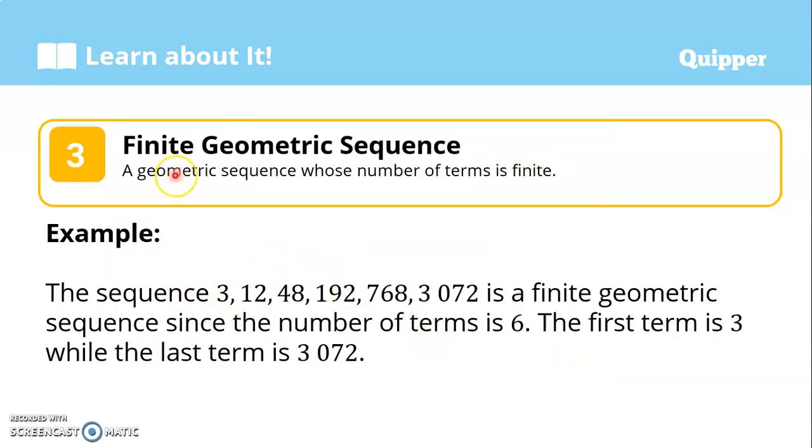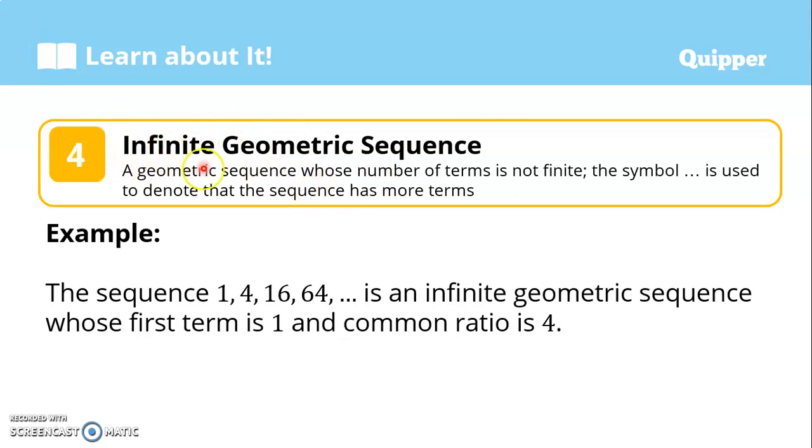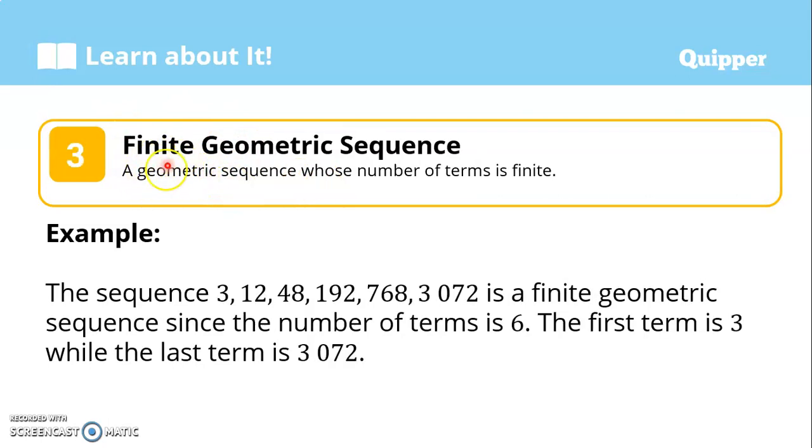So we have two kinds of geometric sequence. We have finite geometric sequence and we have the infinite geometric sequence. A geometric sequence is called finite if there is a fixed number of terms. Okay? So geometric sequence whose number of terms is finite. Example, the sequence 3, 12, 48, 192, 768, 3072 is a finite geometric sequence since the number of terms is 6 and it stops here.